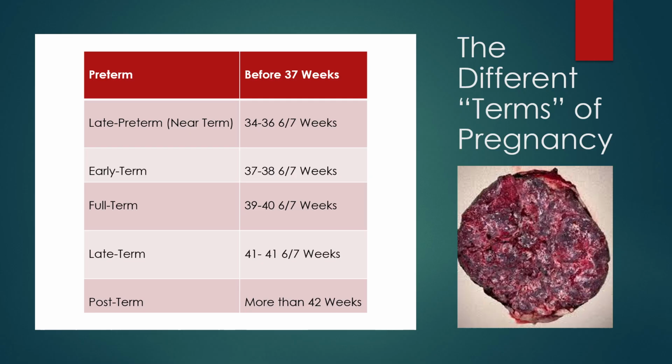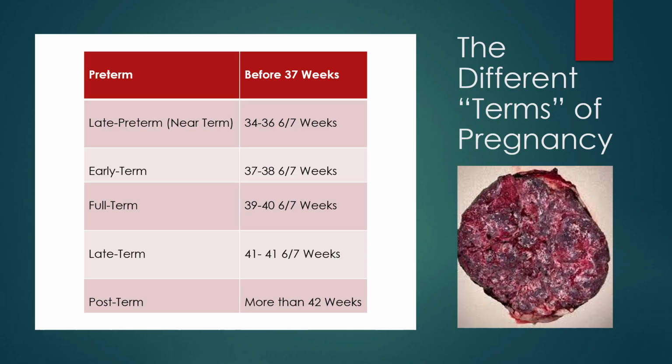So 34 to 36 weeks, 6 days is considered late preterm or near term. Before 34 weeks, those babies tend to go to NICU.